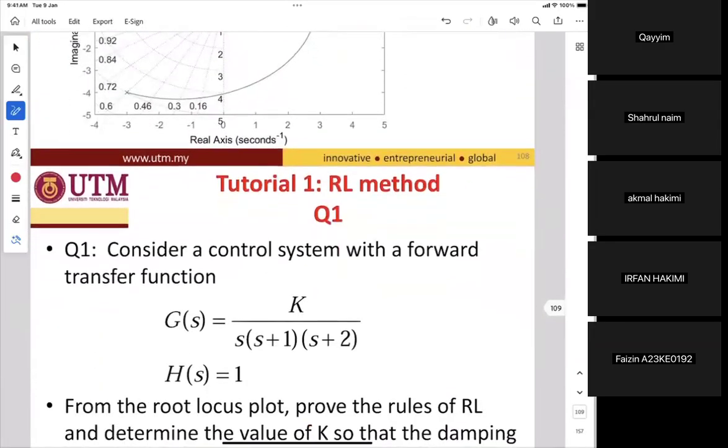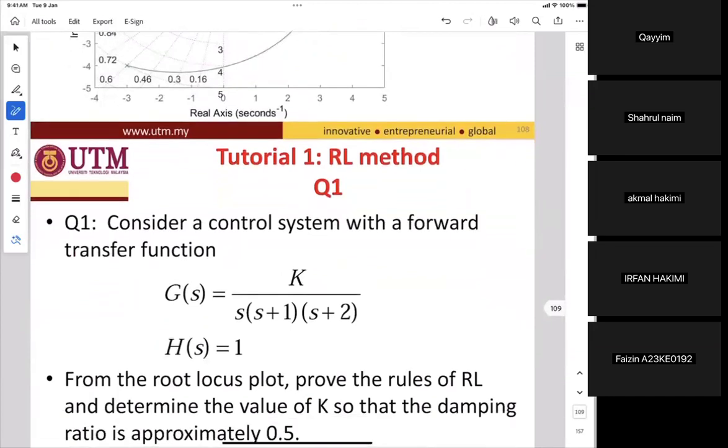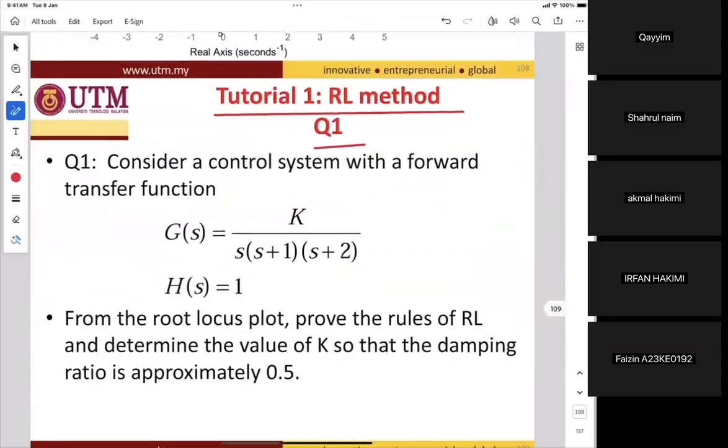Then we have tutorials. Tutorial 1, question 1. Sharul Naim, read the question. Consider a control system with a forward transfer function.